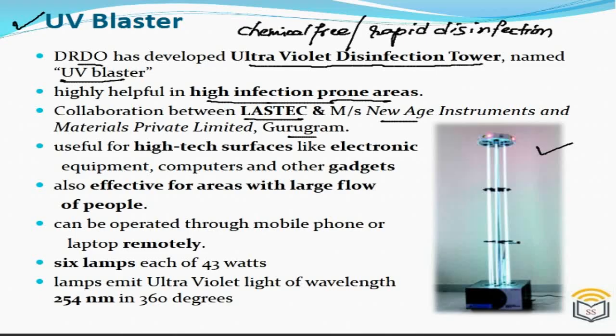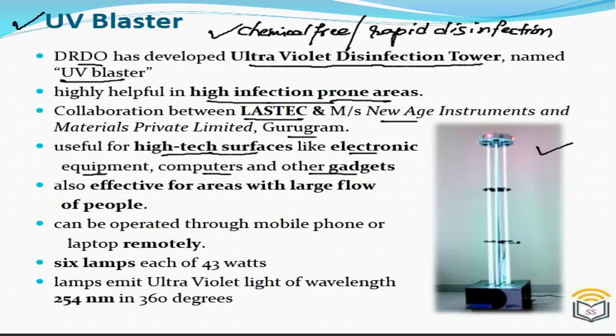This particular UV blaster will be useful for high-tech surfaces which cannot be cleaned with chemicals, and it will be able to clean them, like electronic equipment, computers and other gadgets in laboratories. These can be effectively cleaned by this UV blaster.